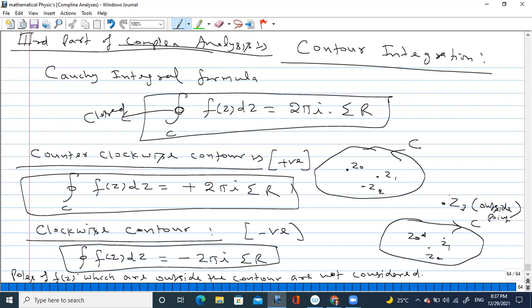No need to find out the residue, because we are finding out the integral inside the contour only. This integral is a contour integral. So whatever points or poles are inside the contour, for those only we will find out the integral. Okay.